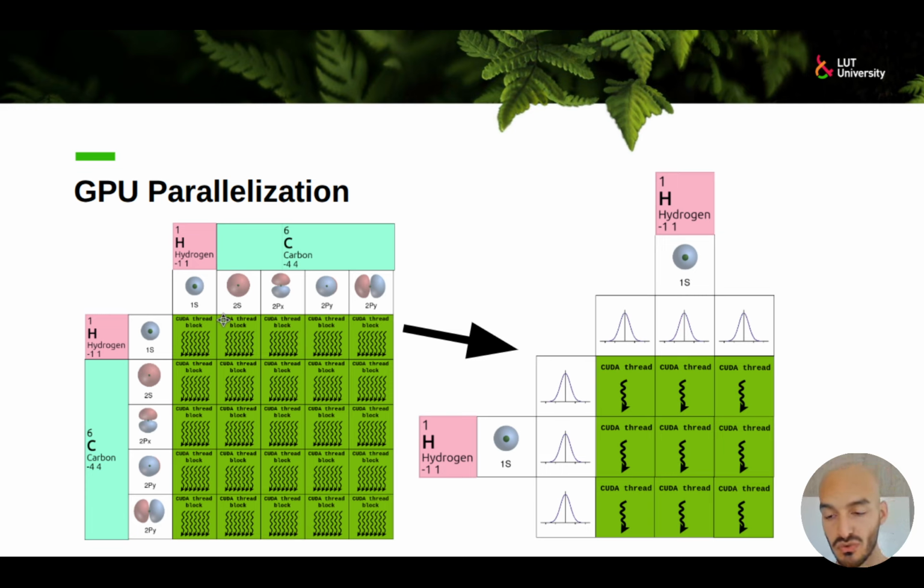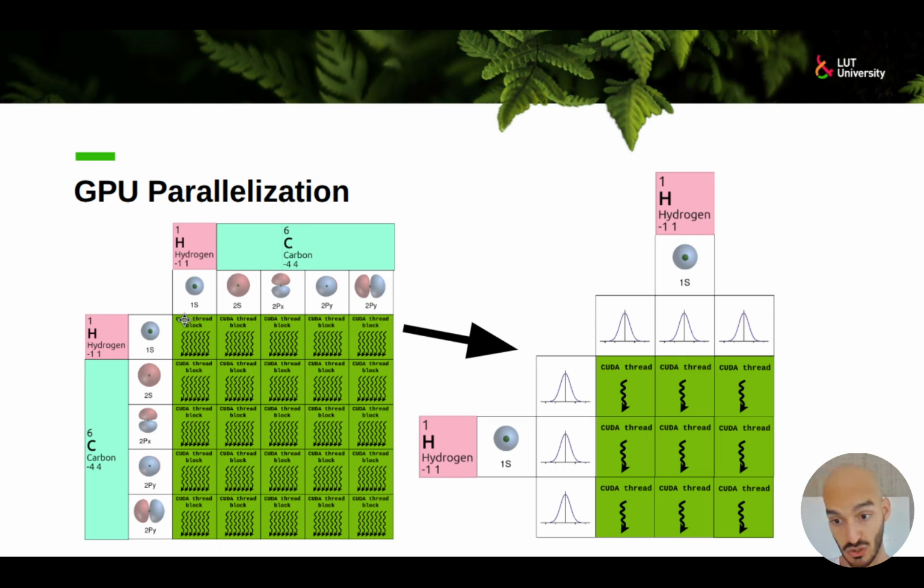There are many ways to fit the overlap calculation between every single shell using this framework. However, I chose to do the following parallelization scheme. Every single shell to other shell interaction is calculated using a single block. A block is parallel and independent of other blocks.